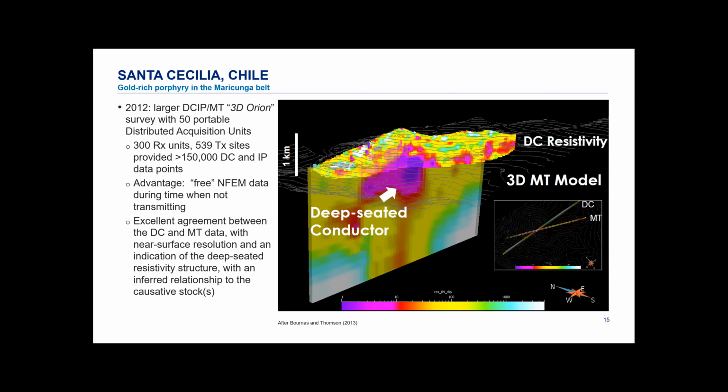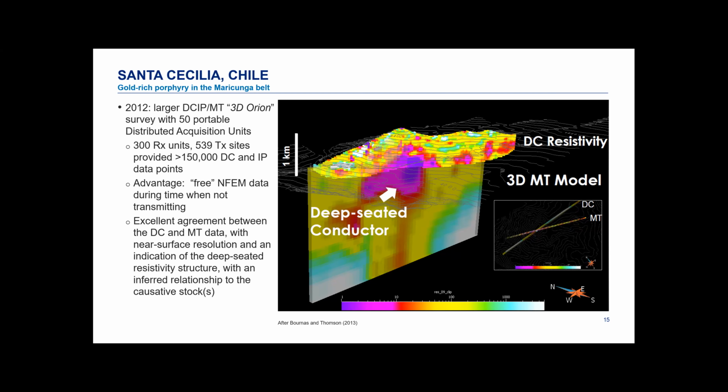If you had that data, and yes, there's a nice resistivity anomaly, it's of interest, and you probably would drill it. But if that was accompanied by this deep imaging MT profile, and you see that this thing had legs at depth, it would suddenly become, I think, much more interesting.